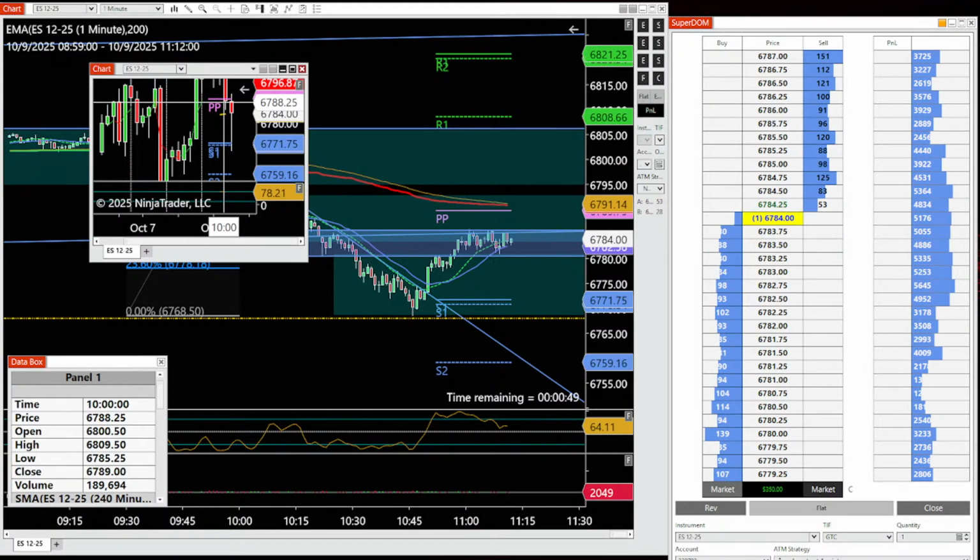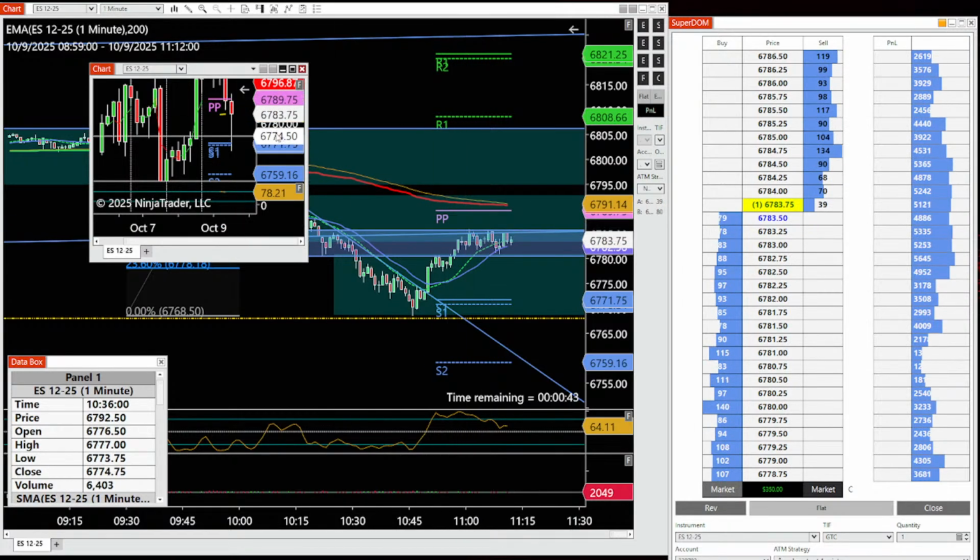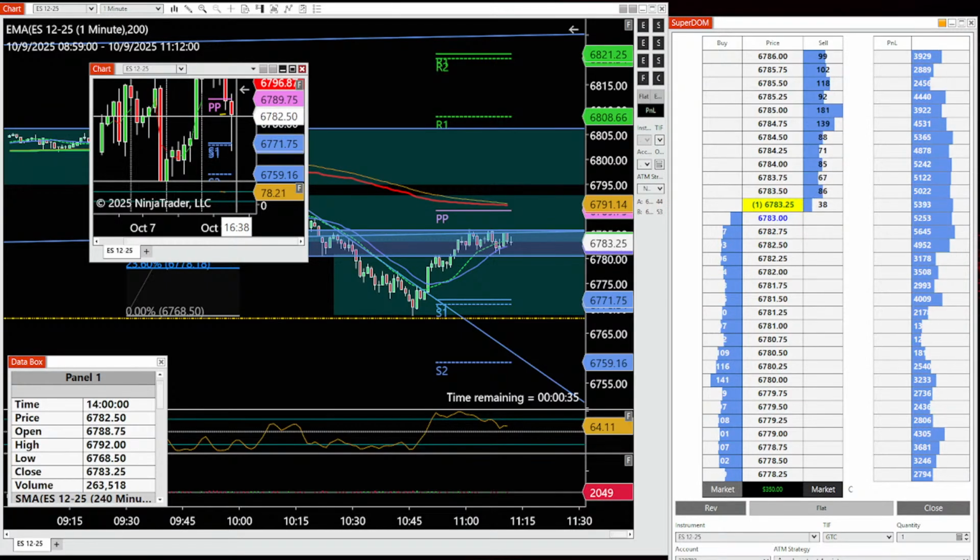We got the close at 89 and we got the open of 88.75. So this is going to be a challenge. They may need to squeeze some sellers out. Look at this. Everybody's buying back up.